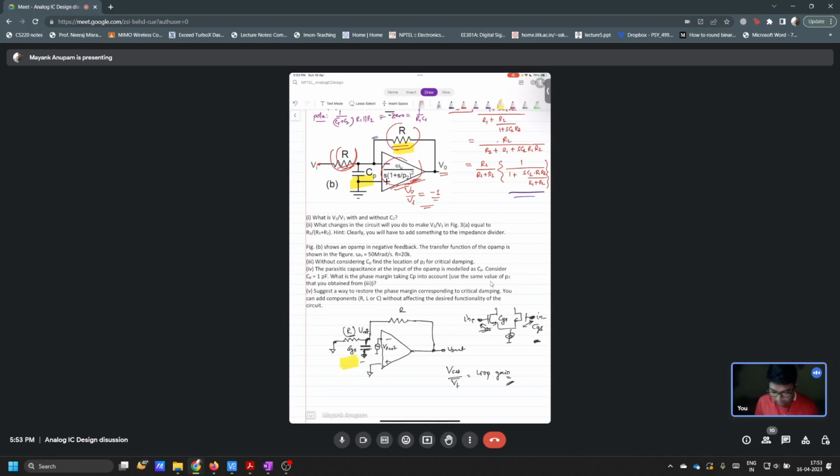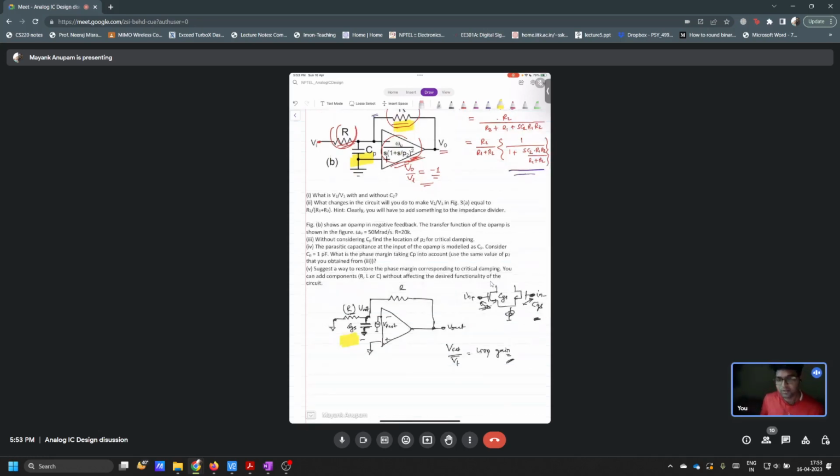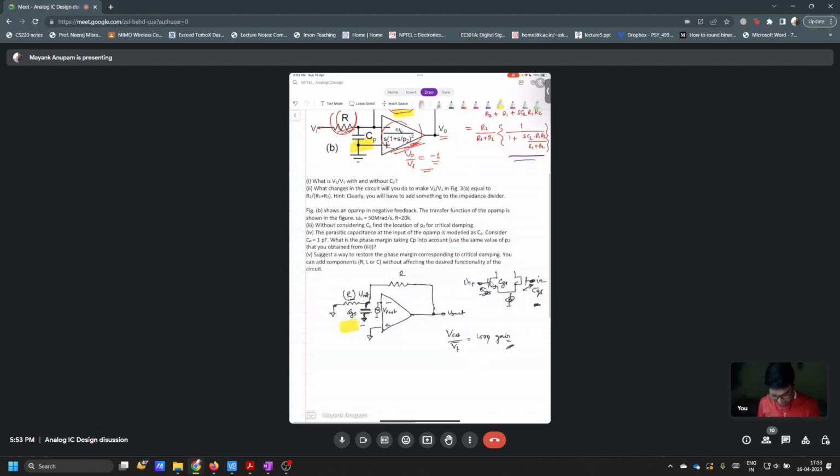The pole due to CGS and R is still inside the loop gain, and that is not tolerable. So what will you do then? Sir, we can add one fast path and cancel one pole. Yes, exactly. So what you can do is you can put a capacitor here. And what will be the value of this capacitor?